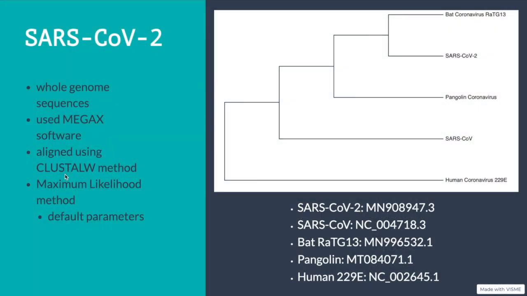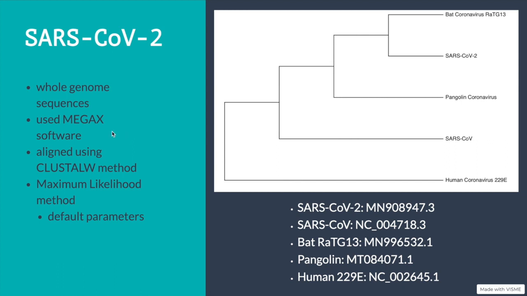So now that I have talked about the SARS coronavirus as a case study, I will talk about the SARS coronavirus 2, which is what is currently causing our pandemic. I decided to make a phylogenetic tree myself with the SARS coronavirus 2 sequence. I used whole genome sequences, and I used MEGA X software, which allows you to align sequences and make trees.